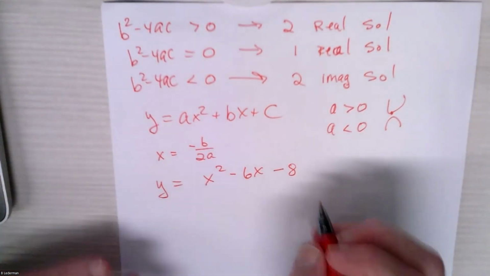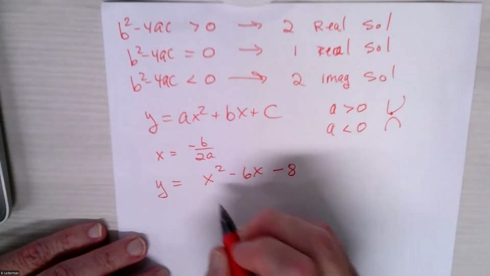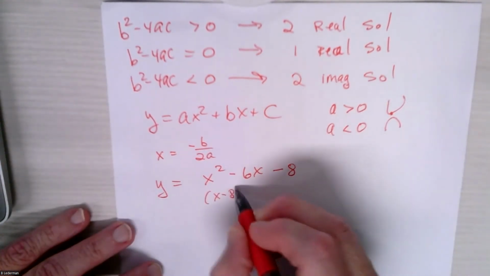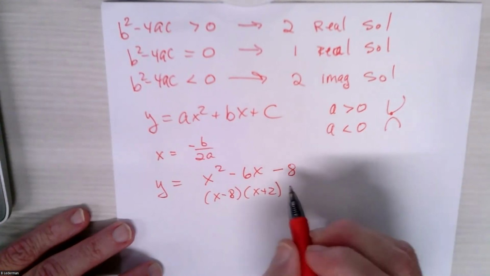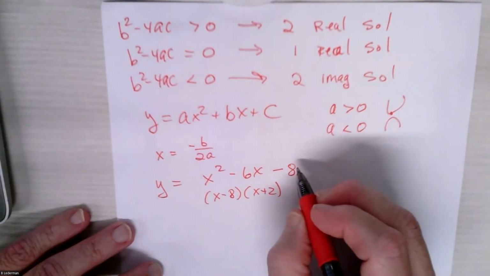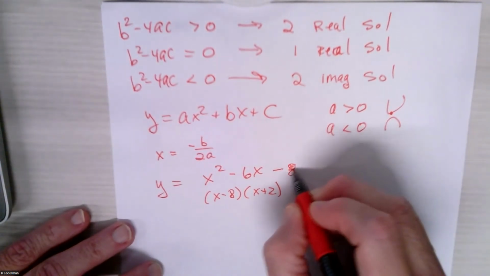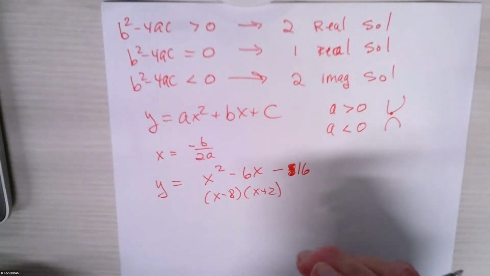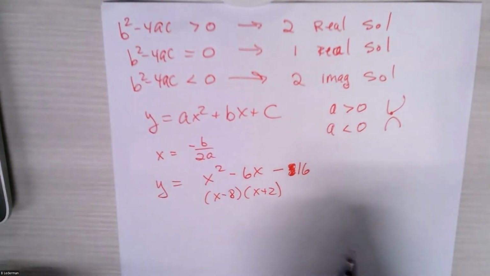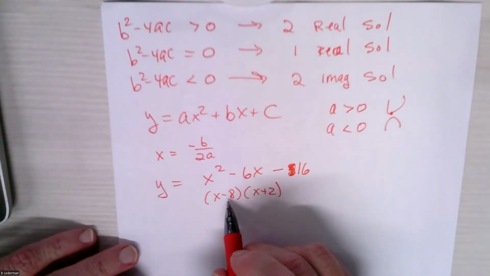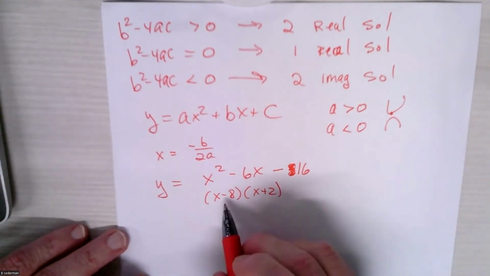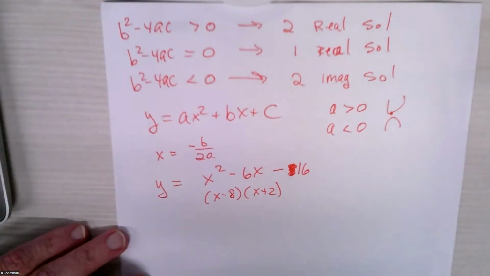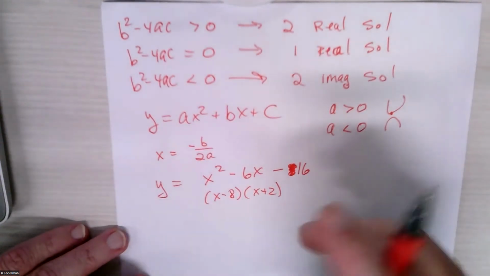Now I could factor this, and it factors to x minus 8 times x plus 2, but that doesn't really help me in terms of the vertex. I wrote 8 there by mistake. I meant to write 16, but I was thinking about the 8 in the factoring. That happens sometimes, when you have something on your mind.